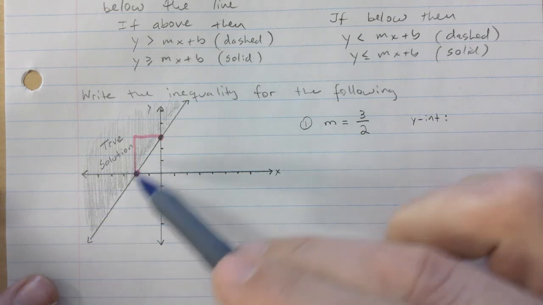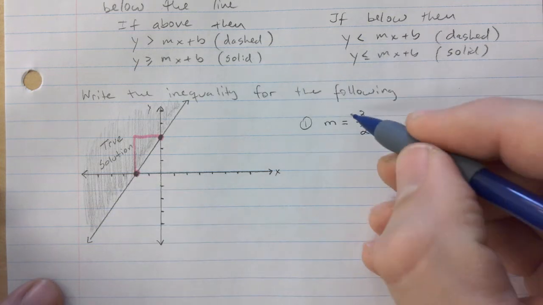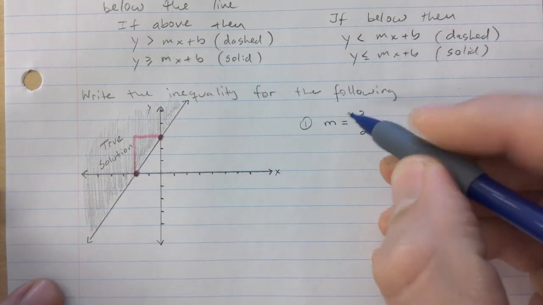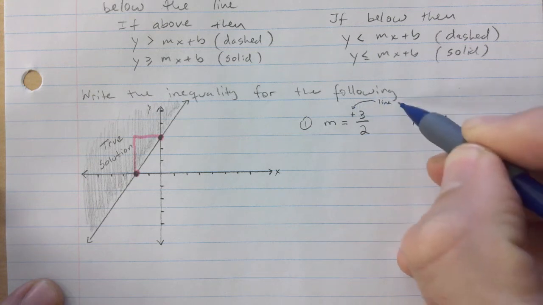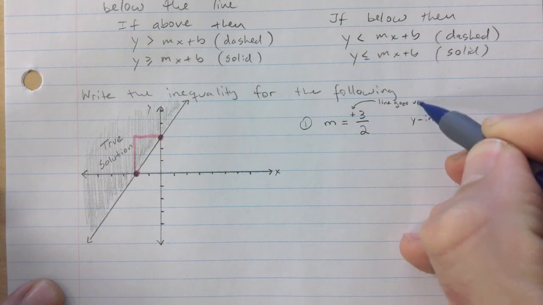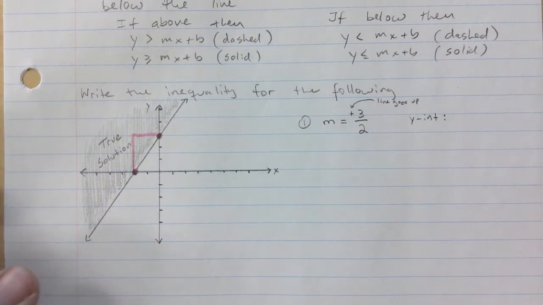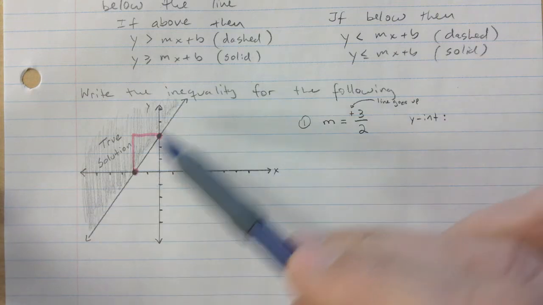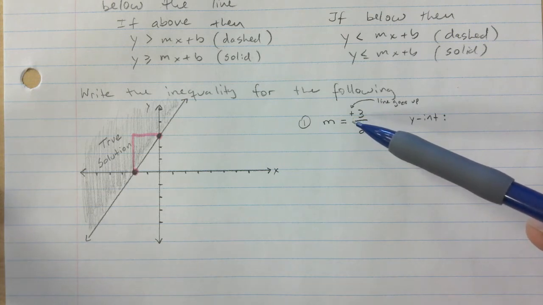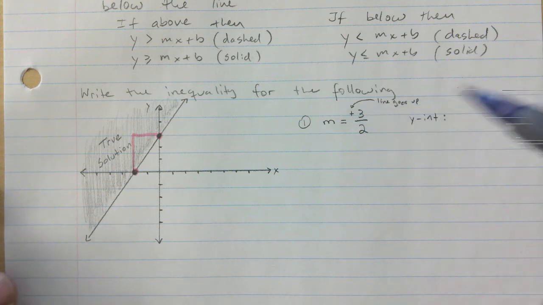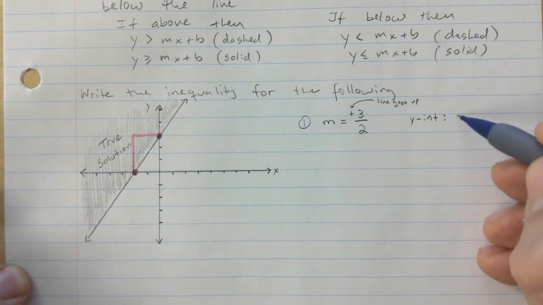This line is going up from left to right, so I know it's a positive slope. Did I talk about Mr. Slope guy at the beginning? You should have that on your study sheet to help you remember: if it goes like this, you should have a positive. You don't have to include that, but I'm making sure it's there. The y-intercept is very easy: (0, 3).